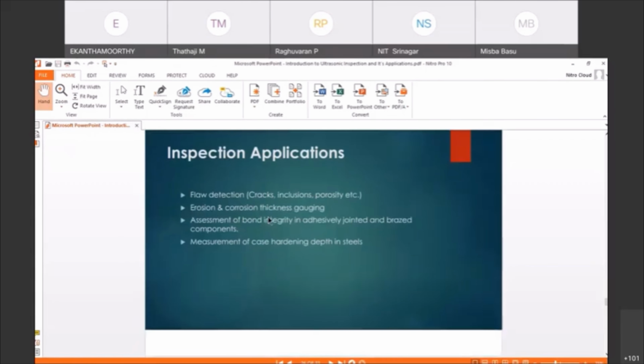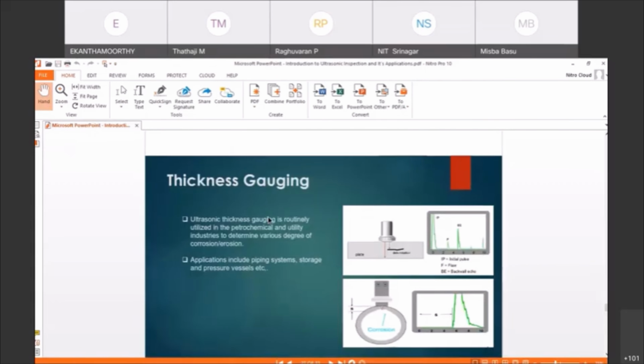And we'll see the real-time applications. Thickness gauging is one of the most important applications we use in every regular application. Generally they do a thickness survey or corrosion mapping survey. They do the thickness gauging.